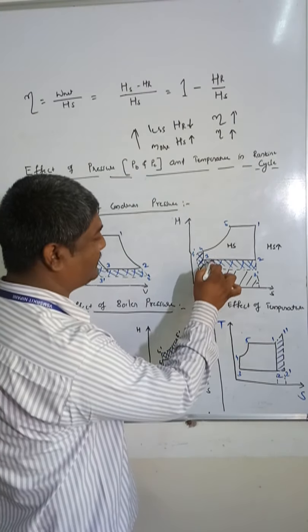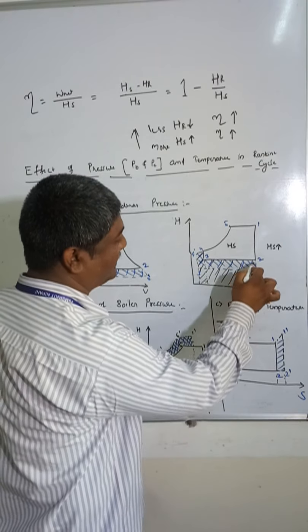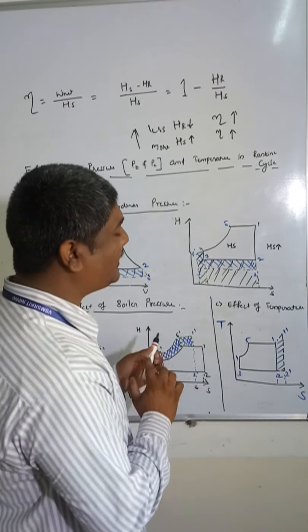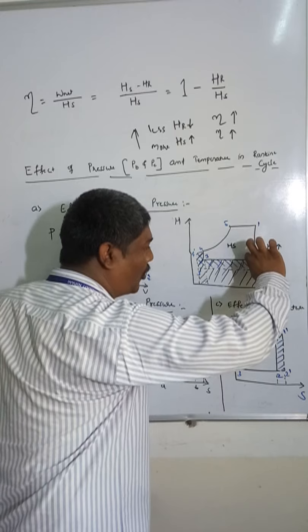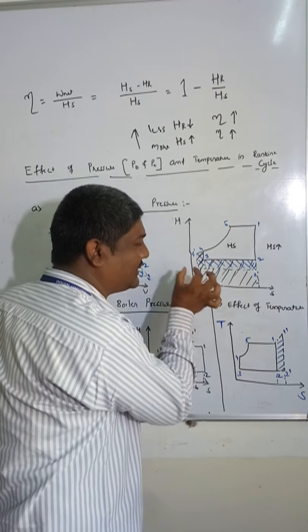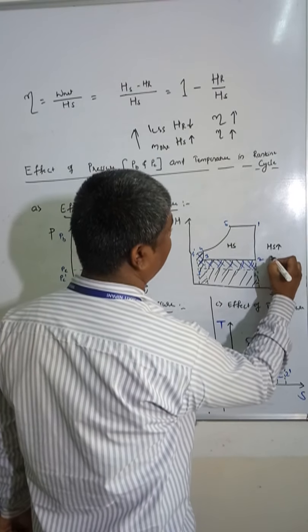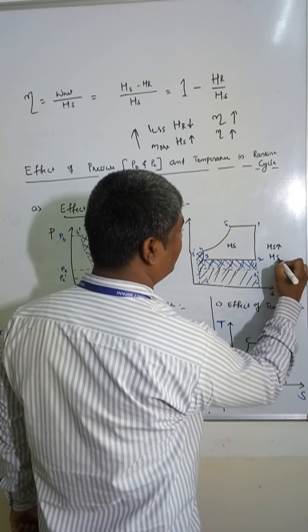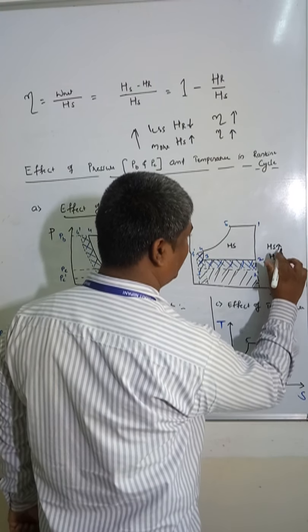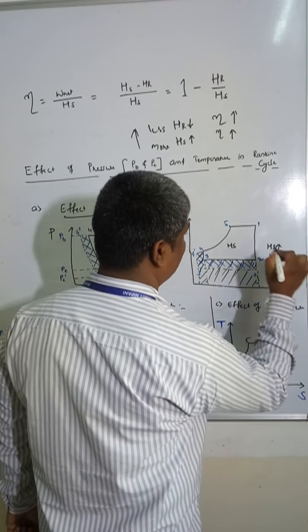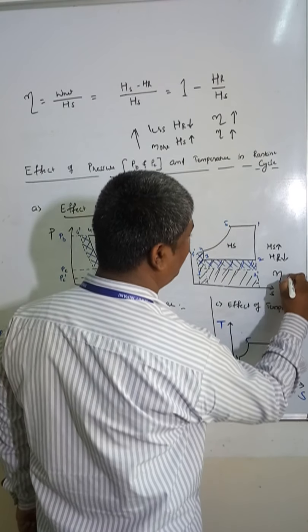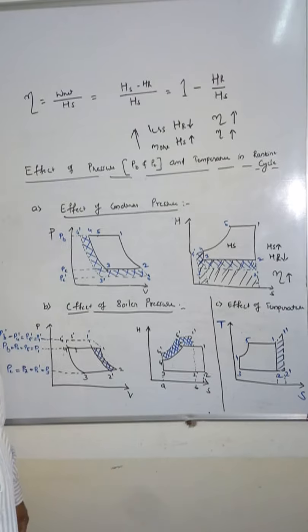Earlier it was this much. Now the extra part is increased this much, but heat supplied is more as compared to the increase in heat rejection. So the heat rejection increase, as compared to this, is less only. So again efficiency is going to increase here.